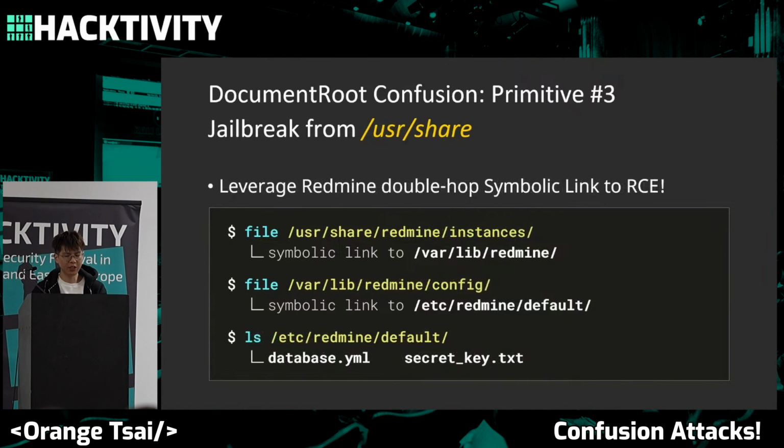Here we demonstrate a Redmine RCE through double jumps. Under the Redmine installation folder, there is an instance directory that can jump to /var/lib. And within that folder, the config directory can also jump to /etc/redmine, which contains Redmine's database configurations and secret key.